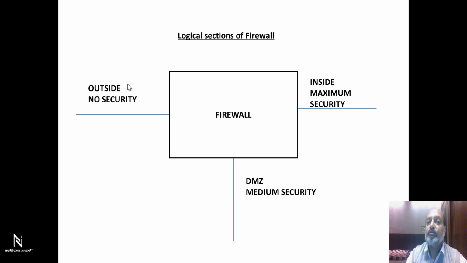If any non-response traffic comes from the outside zone trying to enter the inside zone, it will be dropped because it does not have permission. But a response traffic like that synchronize acknowledge message, if this is a stateful firewall, will be tracked. It keeps a table called a connection table or state table.